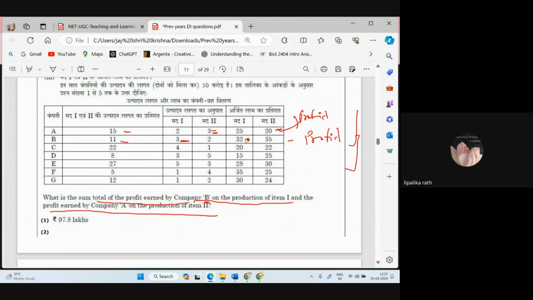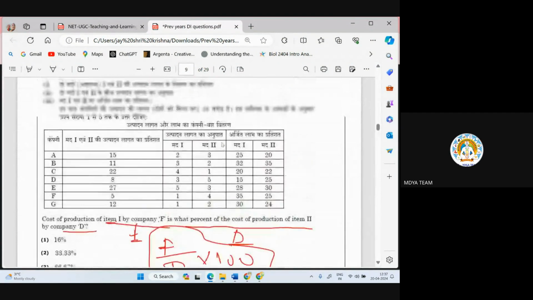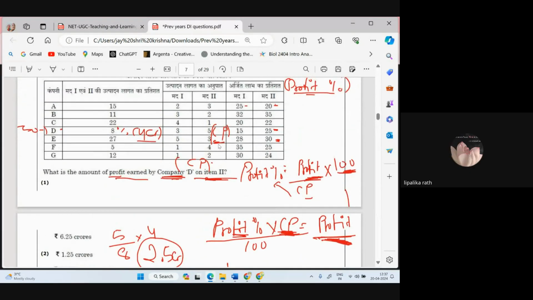Then after we did the calculation, means cost price divided by profit percentage given into 100. Am I right? Okay, this formula we derived here actually.